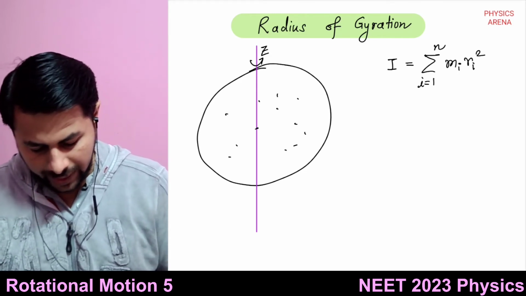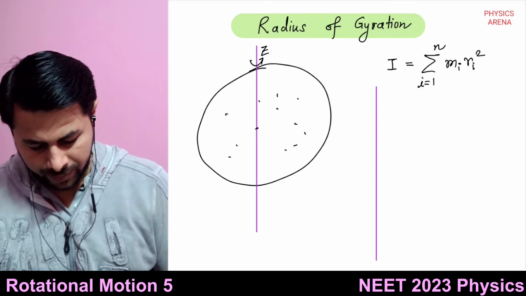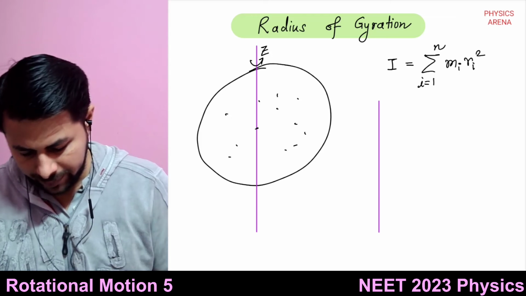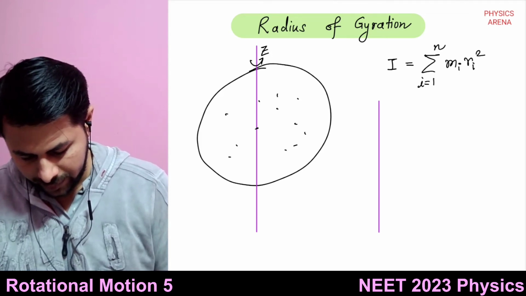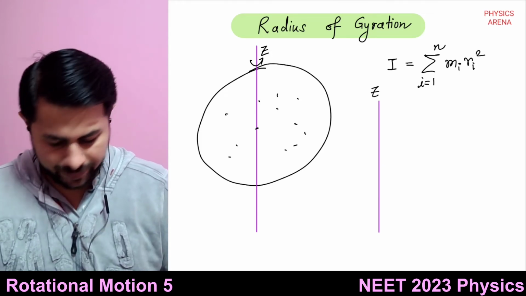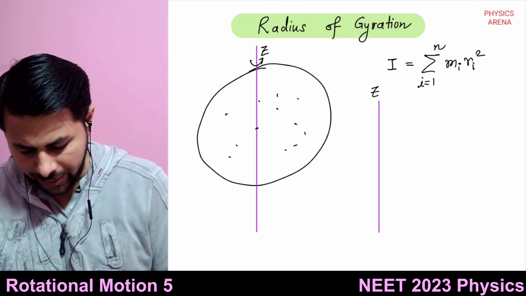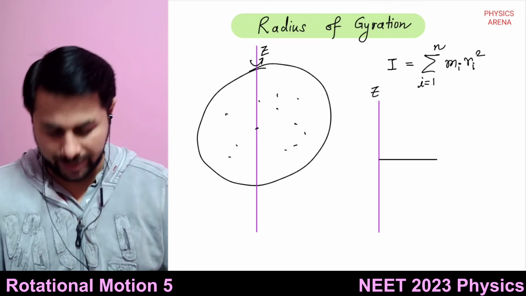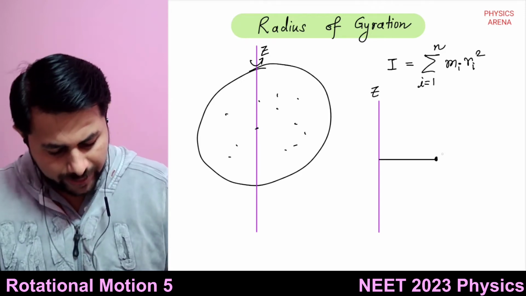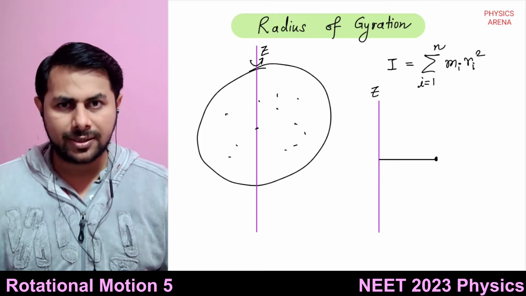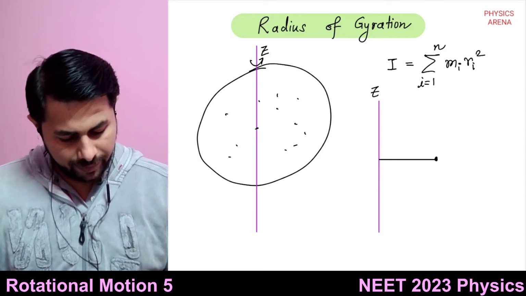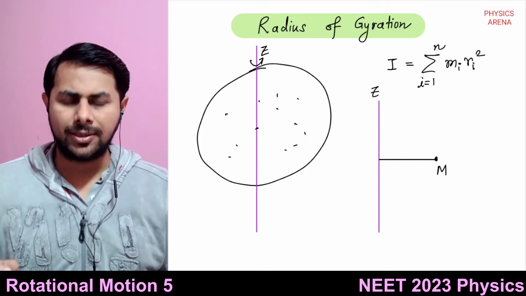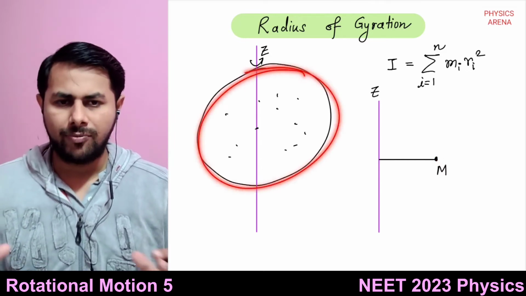So what I will do is I will replace this body by a point mass. So at what distance should I keep that point mass? What's the speciality of that point mass? That point mass has mass equal to this body.